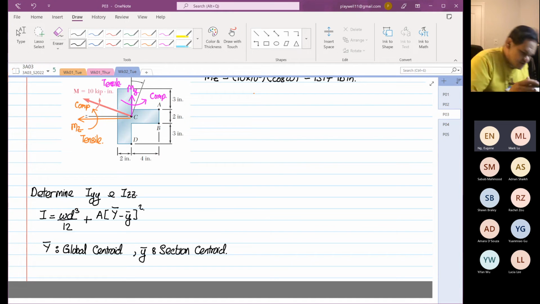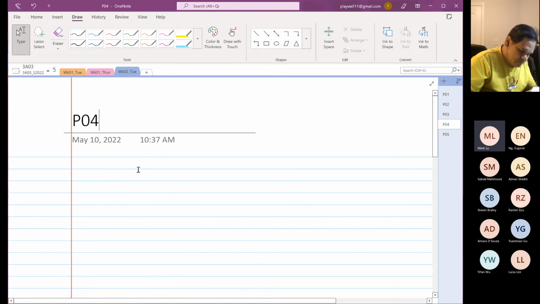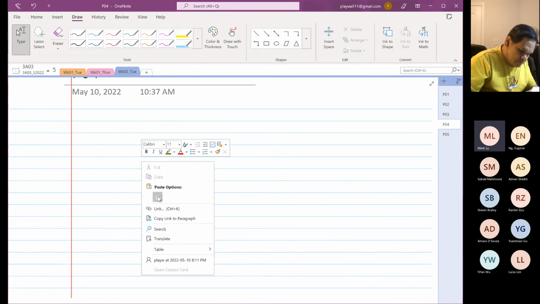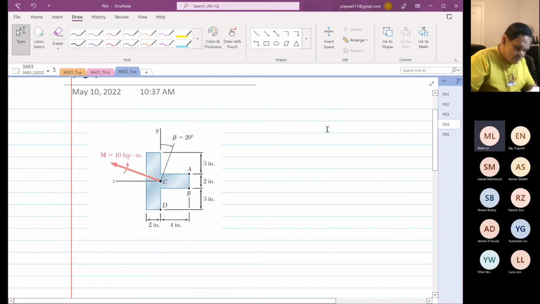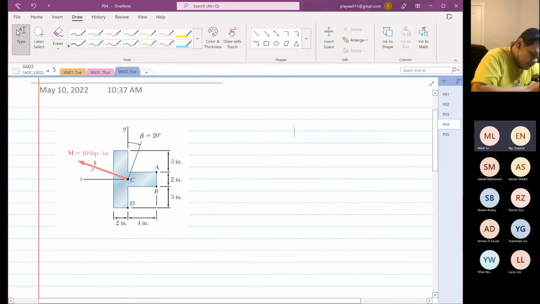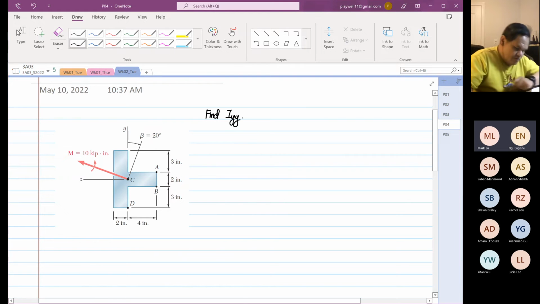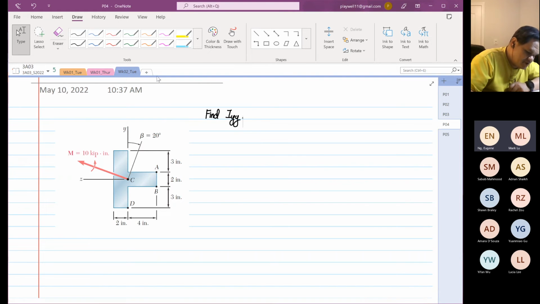Okay, so next we are going to find Iyy first. I'm going to copy the diagram. We know that the YY axis is over here.